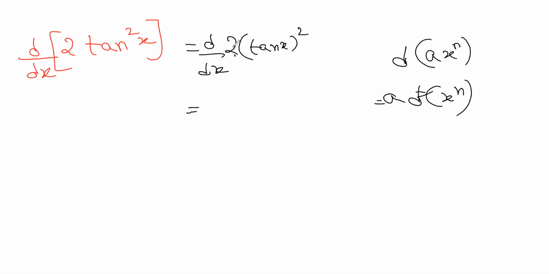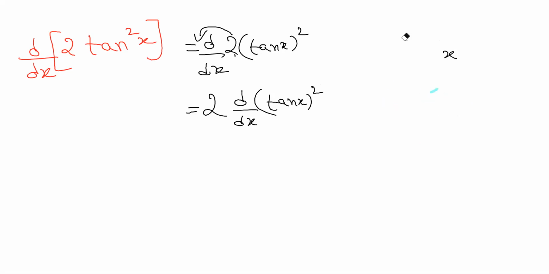Means you are taking this constant outside because it's in multiplication. So 2 d by dx of tan x whole square. So is the answer 4 tan x into secant square x? Yes, 4 tan x into secant square x.